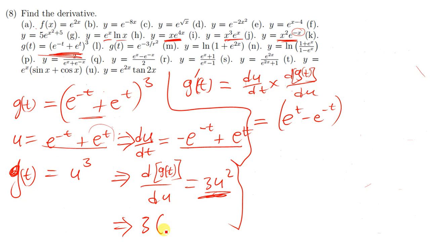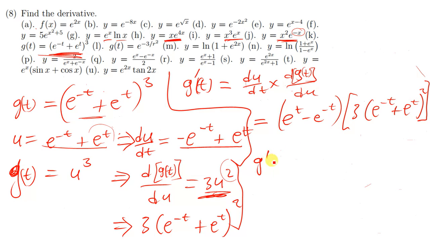So we say 3, while there's u, we're replacing with e to the power negative t plus e to the power t, squared. So we're multiplying it with that.